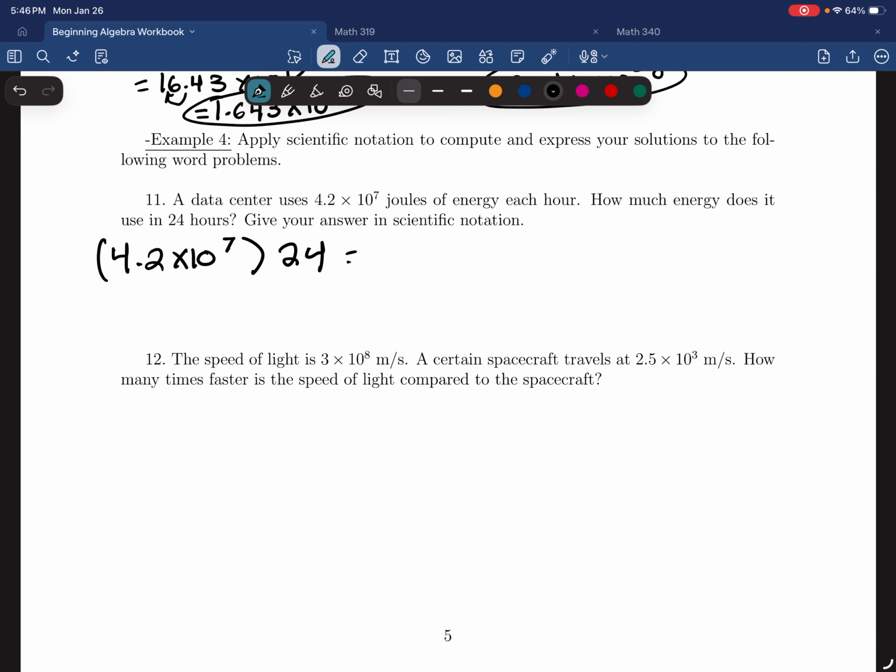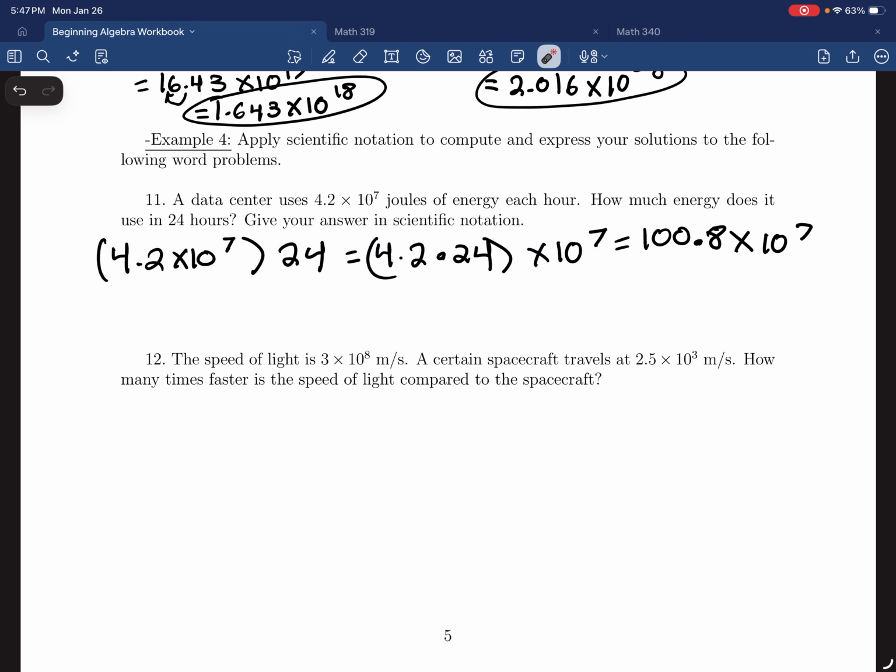So to find out what it uses in 24 hours, all we have to do is multiply this by 24. So we get 4.2 times 24, and then we're going to carry along the times 10 to the 7th power. And 4.2 times 24 is 100.8. And then we're going to carry along that times 10 to the 7th power. Now, this isn't our final answer, recall, because a is larger than 10.